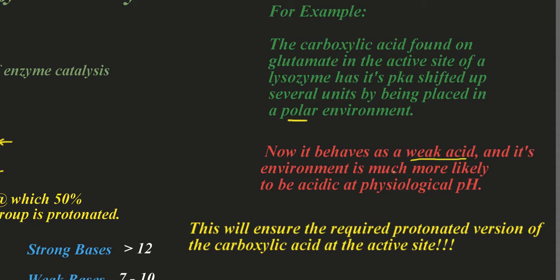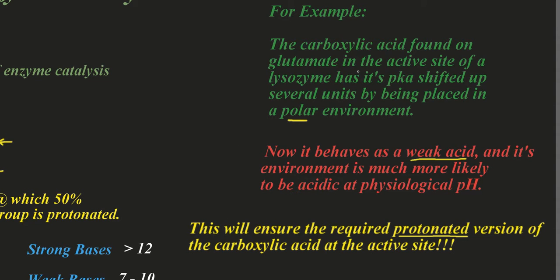So what does that mean to you? Well, that means that it can ensure that the required protonated version of that glutamic acid is present in the active site. So the lysozyme active site requires a protonated version. If that glutamic acid donates that proton, that active site's not going to be functional.